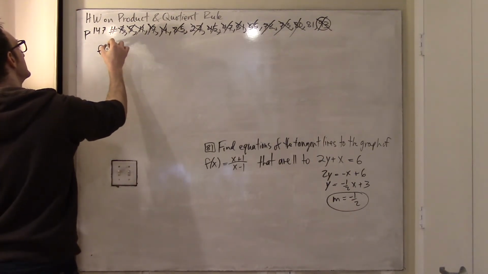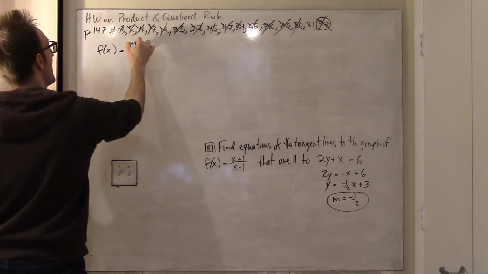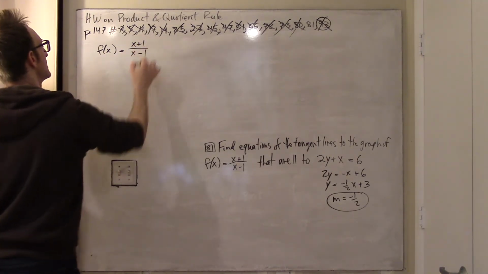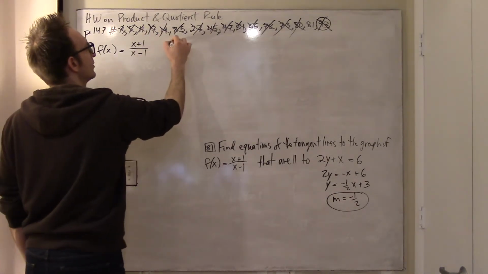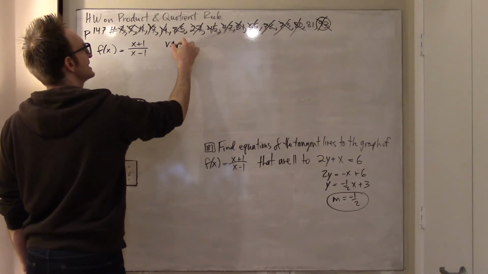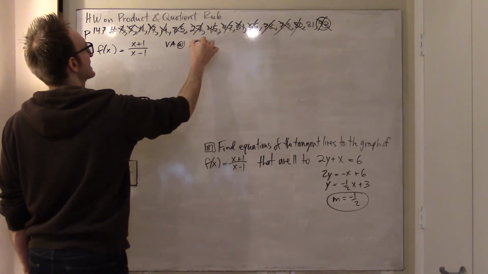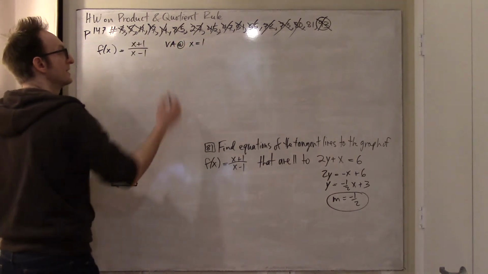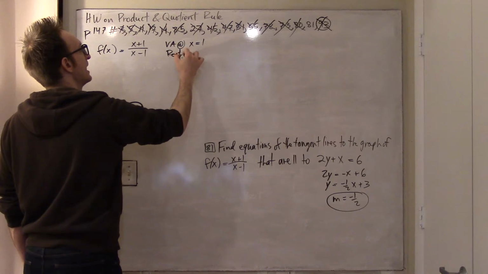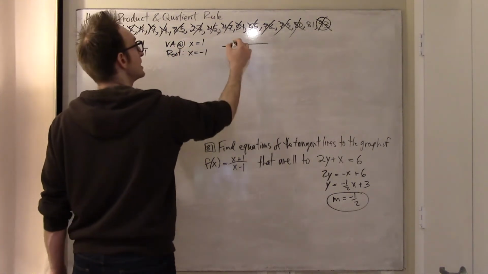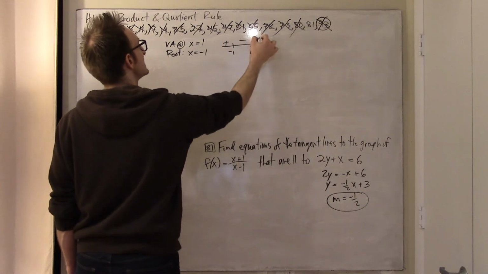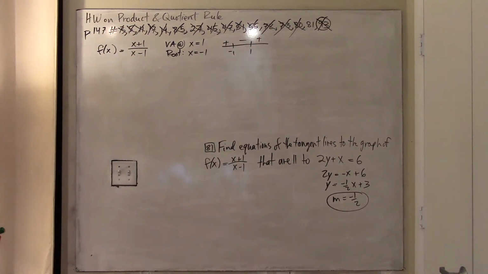Well, fortunately, this is a rational function, and I am an expert on that. What is there to say about this rational function? Well, we know everything, right? Vertical asymptote at x equals 1. There's going to be a root at x equals -1. I can make a sign chart with -1 and 1. It's going to be positive, negative, positive. It's quadratic-y. Is there anything even else to say?